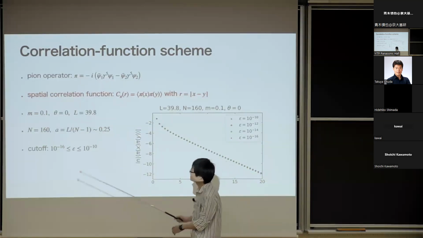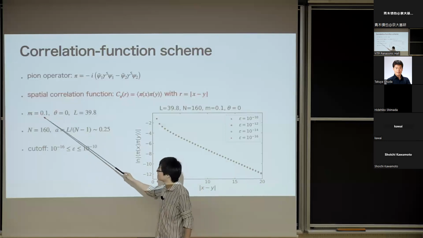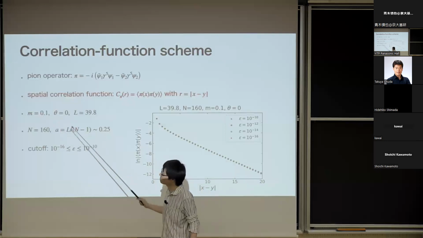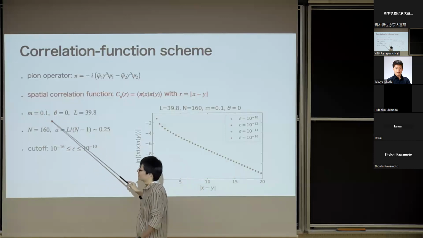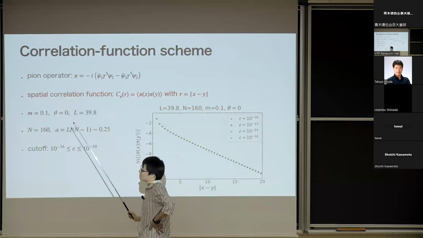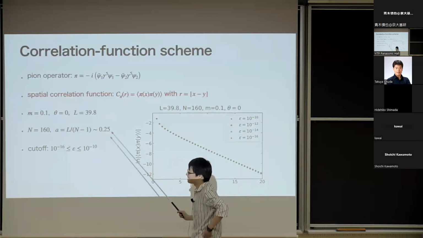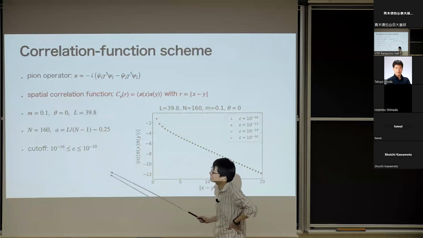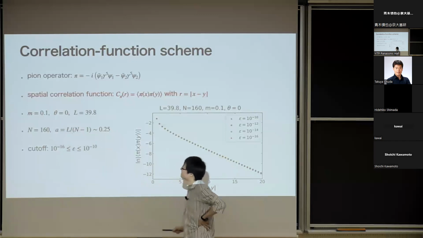No, there's no specific reason for 0.1. But it's small enough to justify the bosonization calculation, but not too small. Like, if m equals 0, the two-flavor model reduces to the SU(2) Wess-Zumino-Witten model. Yes. That is a CFT. Yes. In that case, the DMRG doesn't work well. Yes. So this is maybe in the middle.